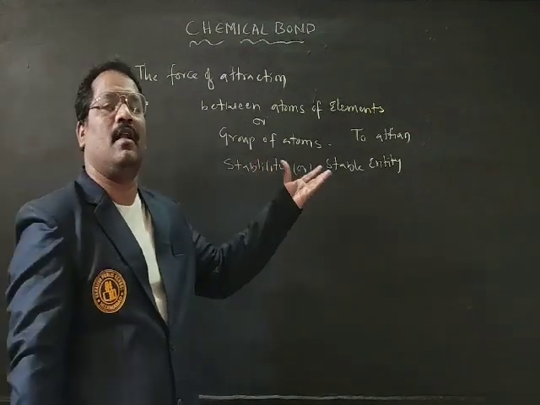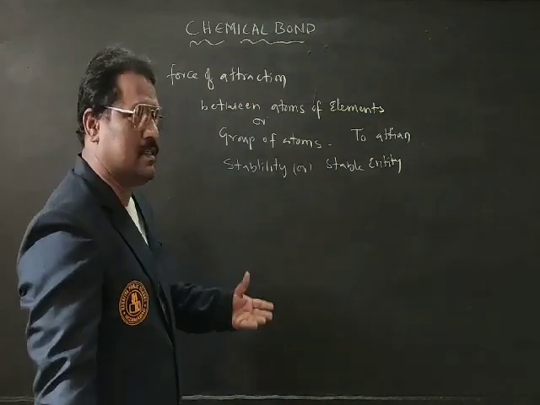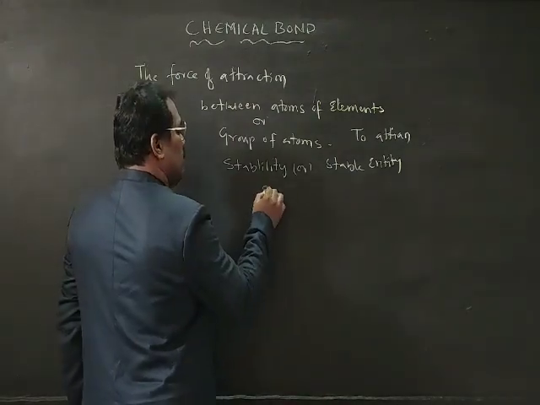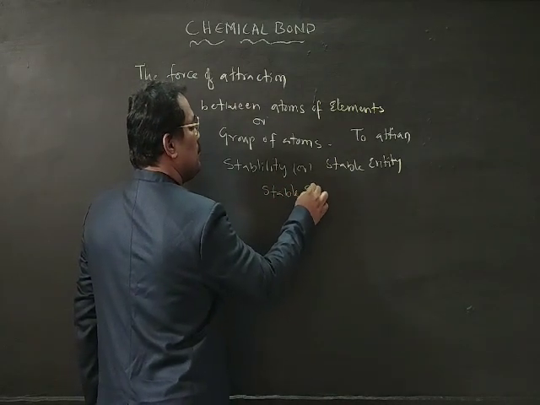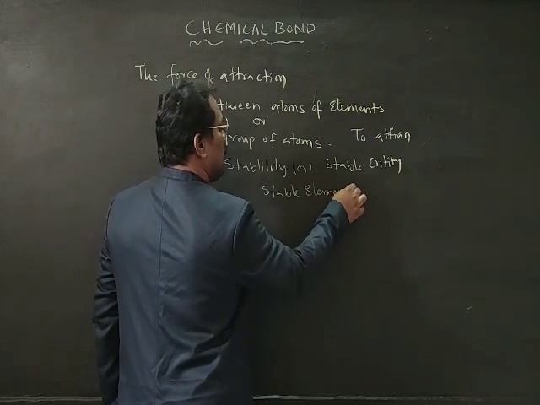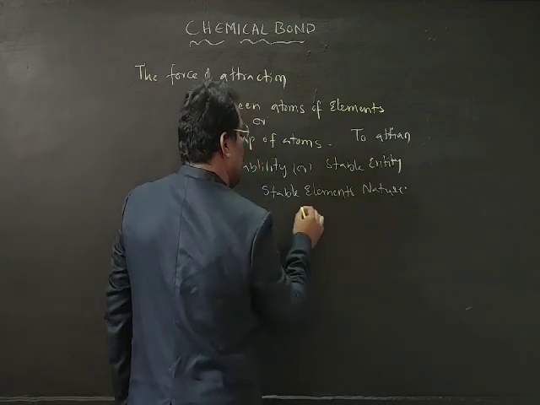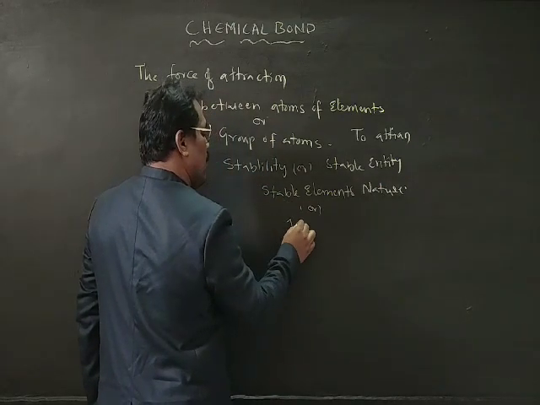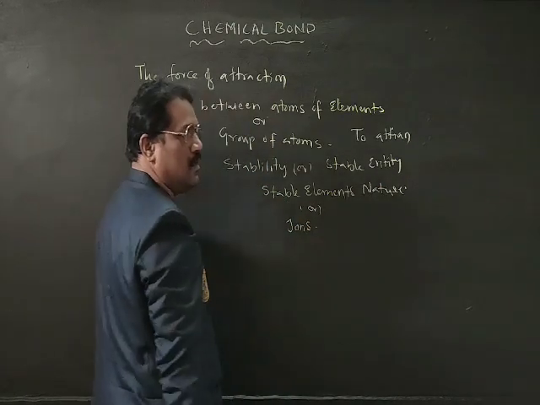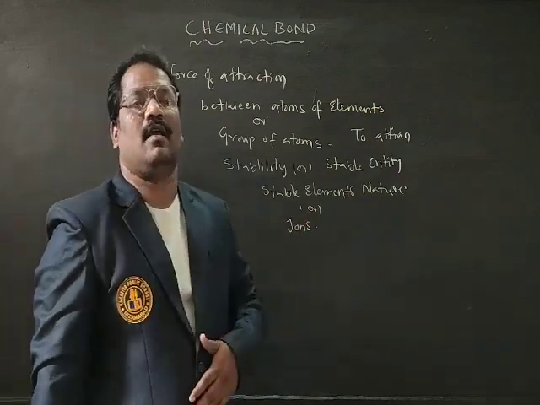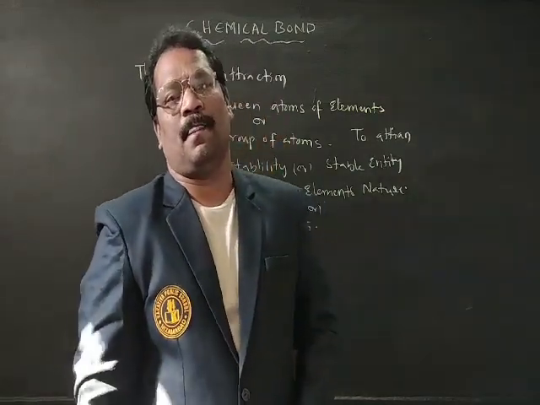What does it mean? Stable entity means stable elements, nature, or ions. This is called a chemical bond.